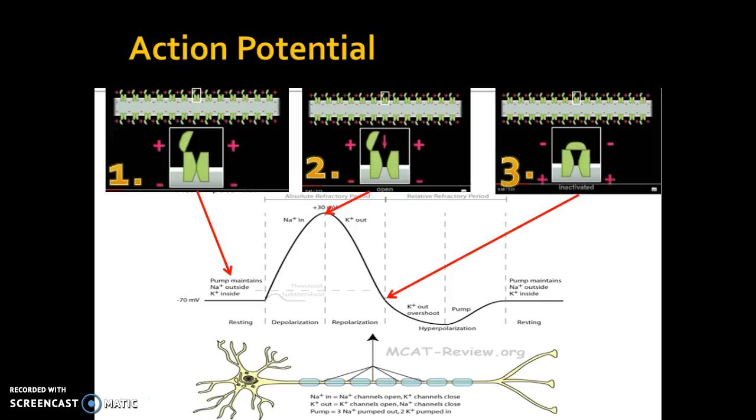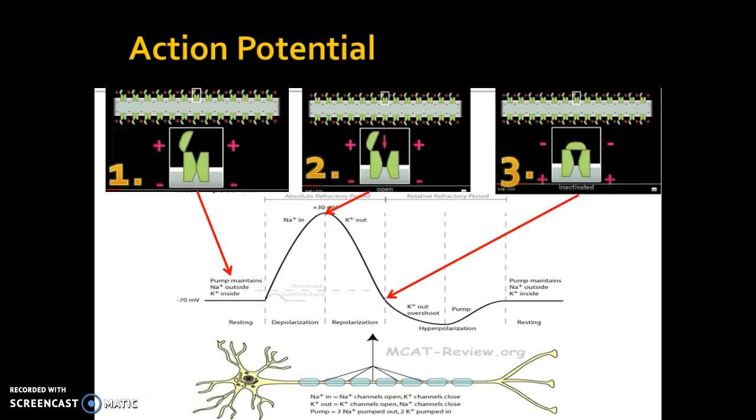The enlarged picture is the channel which allows active transport. They're closed, and this is the pump maintaining the resting state, when there's no impulse, keeping sodium outside the nerve cell and potassium inside.